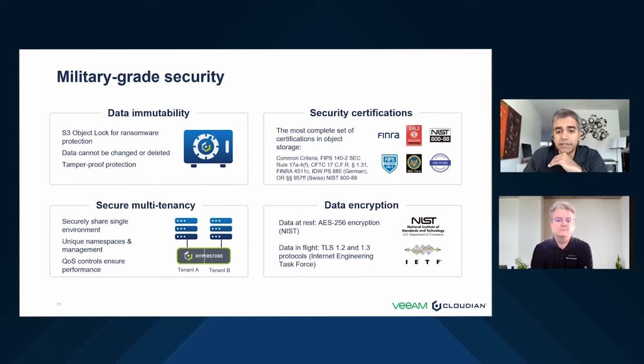S3 object lock obviously protects your data from ransomware by making it immutable. But when we ship Cloudian in the WORM mode, it ships as hardened storage with HyperStore Shell enabled and the root disabled. So you will not have any access to the root, even if you have administrator privileges. This makes the whole solution protected at the system level, because it is impregnable even from the root, as there is no root access.